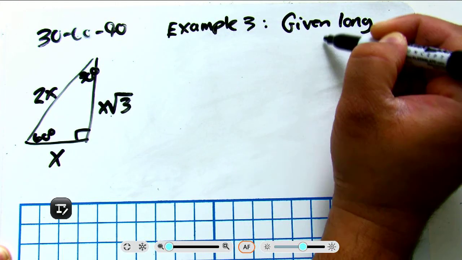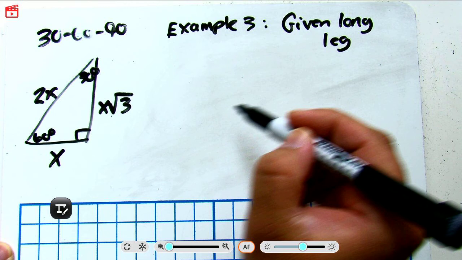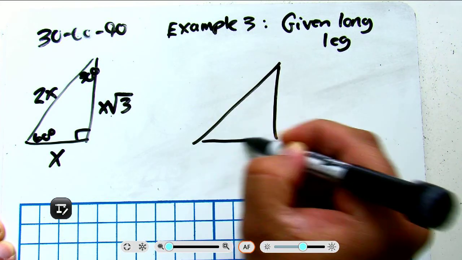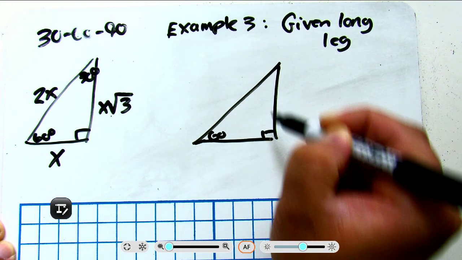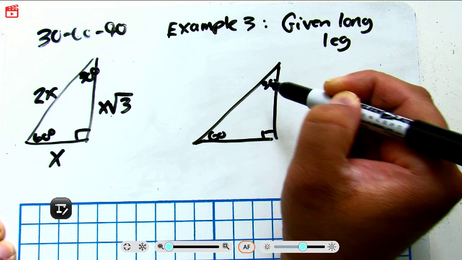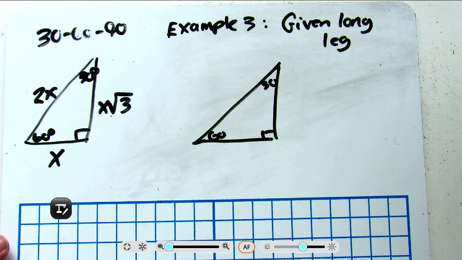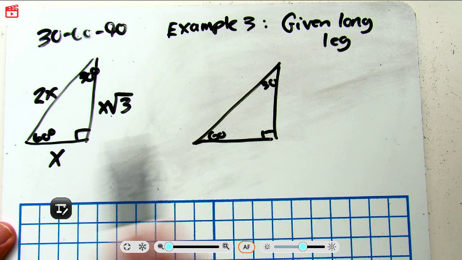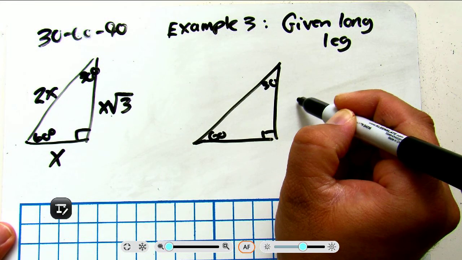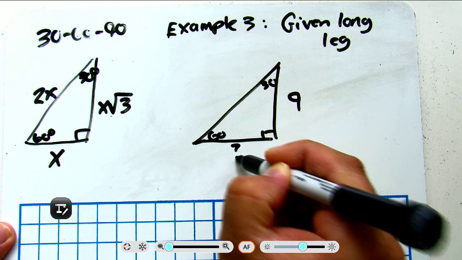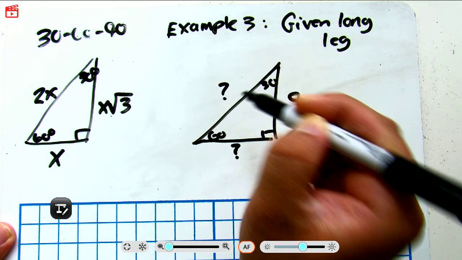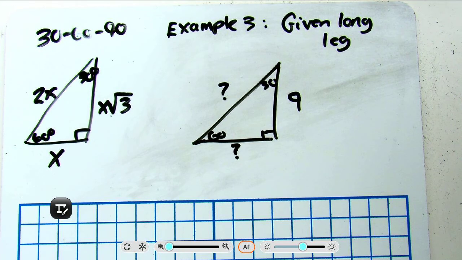This is 60, this is 90, and this is 30. Now, if my long leg is 9, and I want to find my short leg and my hypotenuse, the first thing I would need to do is set this long leg equal to this long leg.